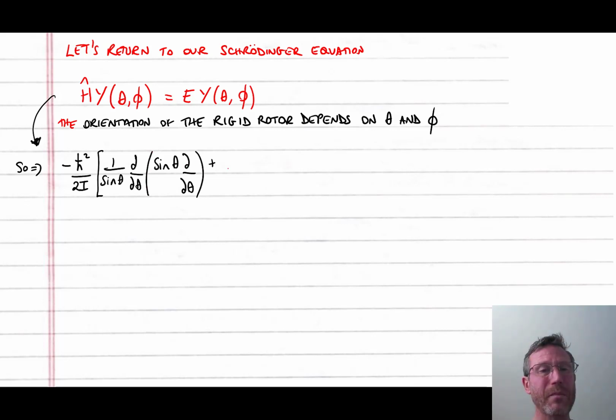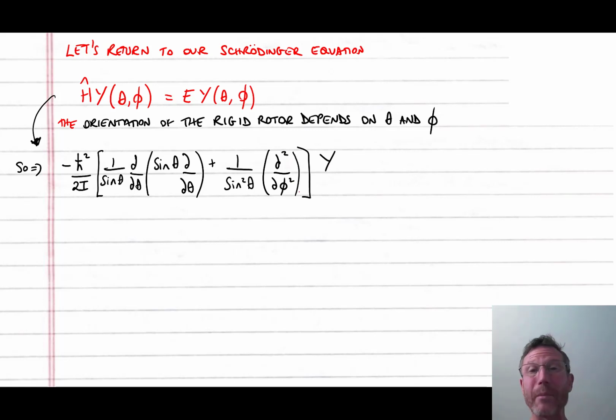So this first term involves theta. Second term seems to involve theta and phi, but that's our Hamiltonian operator, and that's equal to E again times psi of theta, phi.